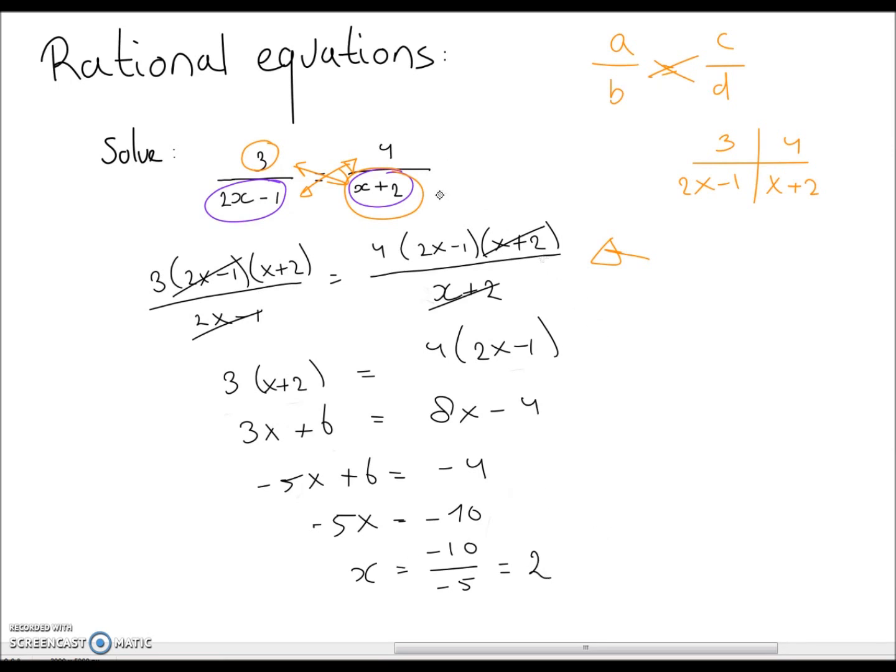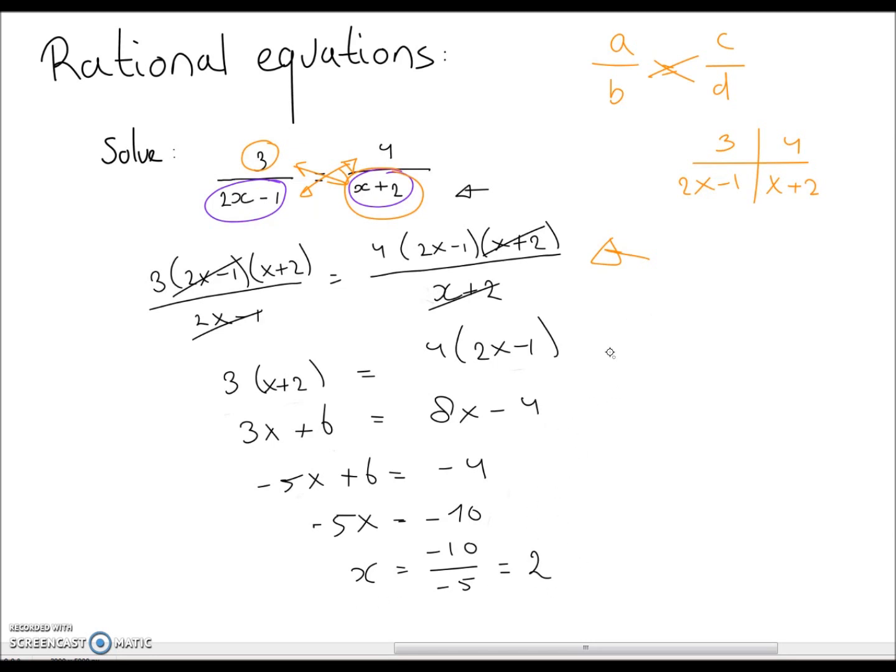I do have to note that it is possible, if you multiply with the denominators, that you create an equation that has a solution for which one of the denominators is equal to 0. So, if you solve a rational equation, at the end you have to check if the denominators become 0 with your answer.